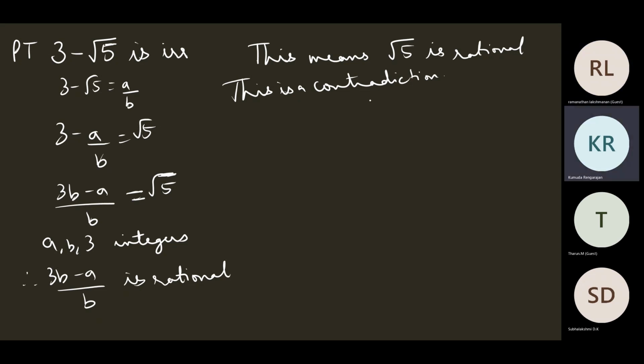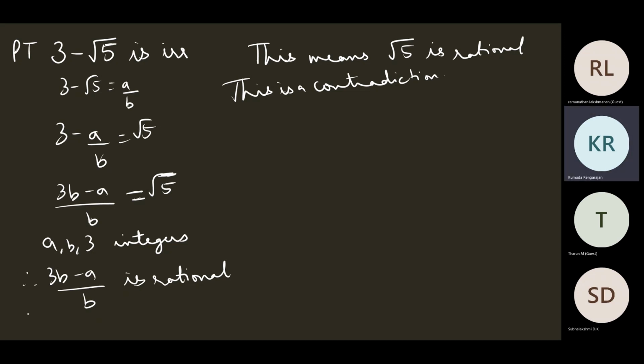Therefore, 3 minus root 5 is irrational. We know root 5 is irrational, so it's a contradiction, and that's because of our incorrect assumption. Therefore, 3 minus root 5 is irrational.